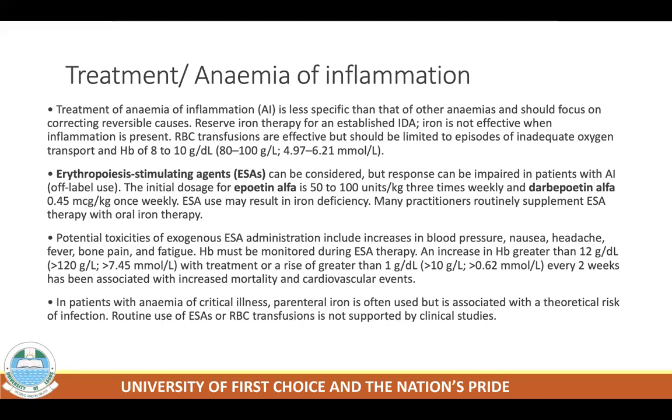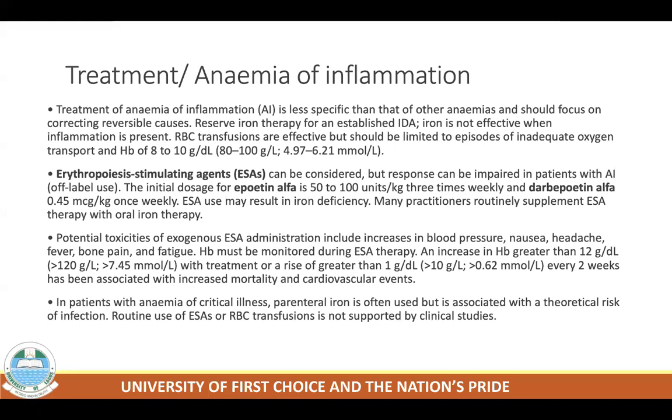And if you use that up, then you need to replace it as well. So ESAs may result in iron deficiency, and sometimes you routinely provide iron supplement when you start an ESA.